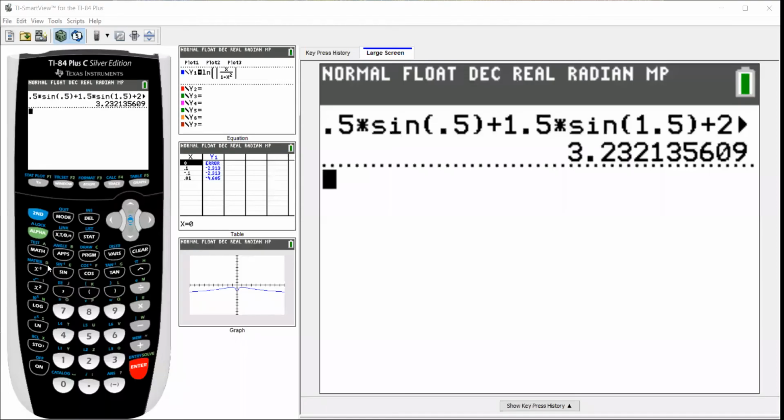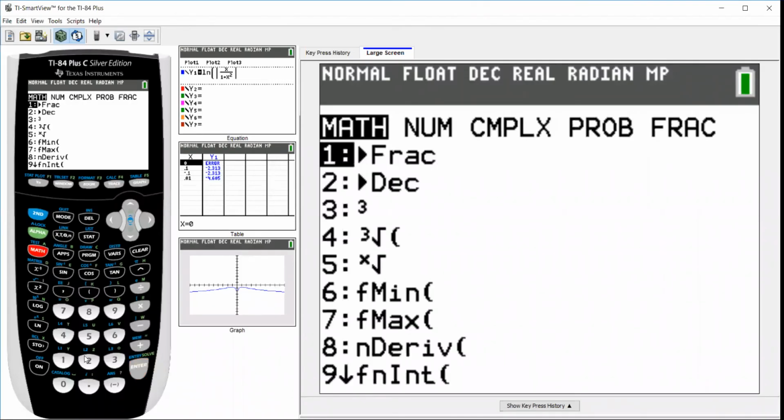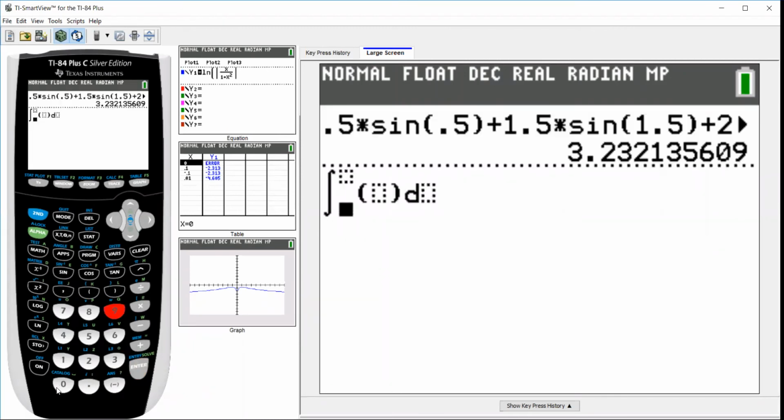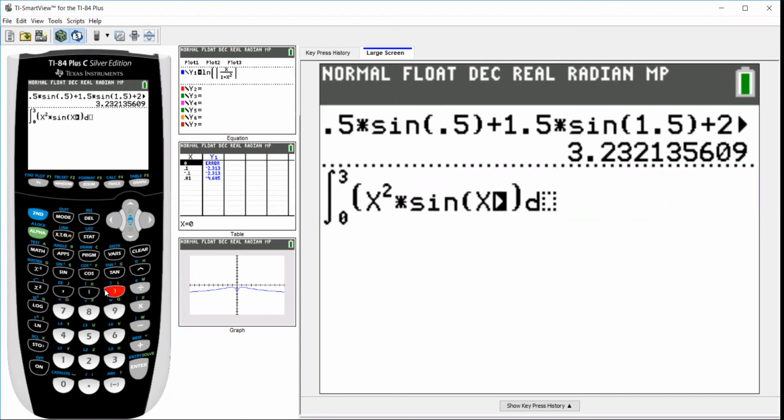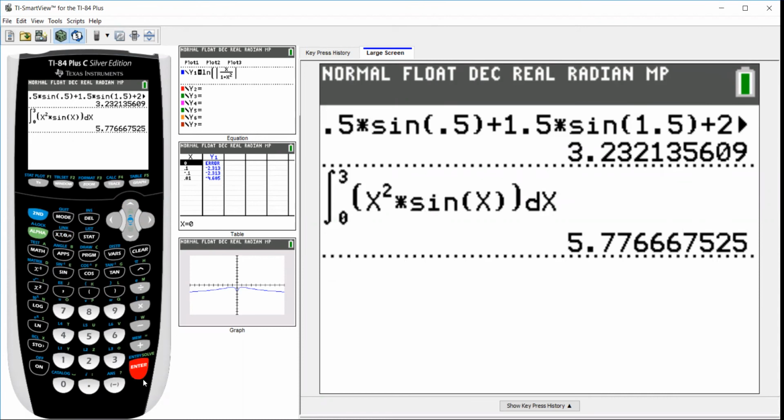And it's in the same exact spot as your numerical derivative, number 9. And look at that, it popped up the same way. The integral, meaning the area under the curve from 0 to 3, x squared times sine of x with respect to x, 5.777.